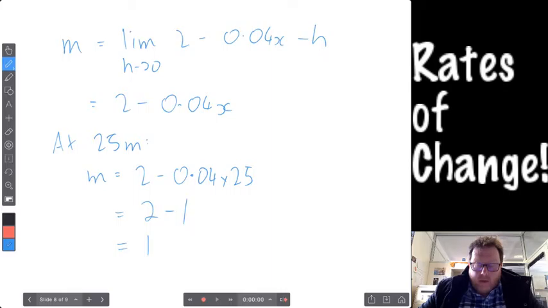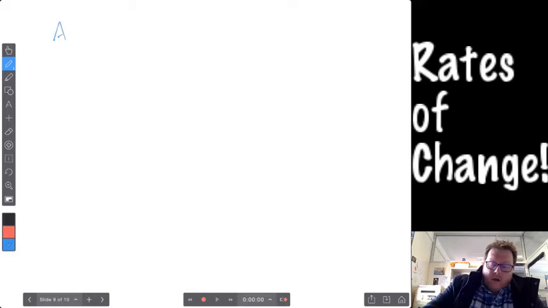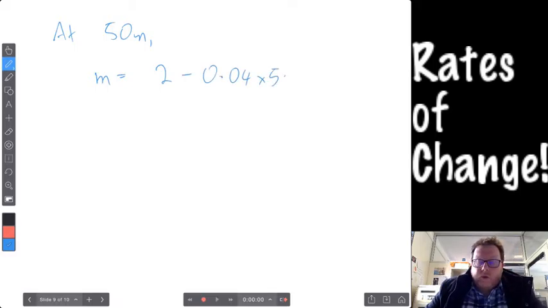If I then looked at the gradient at a distance equal to 50, at 50 meters I would have the slope equaling 2 minus 0.04 times 50. 0.04 times 50 is equal to 2, so it's 2 minus 2, which is 0. So what does that mean?